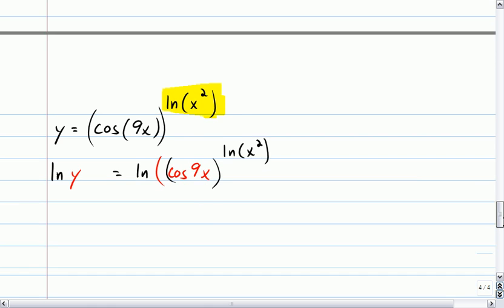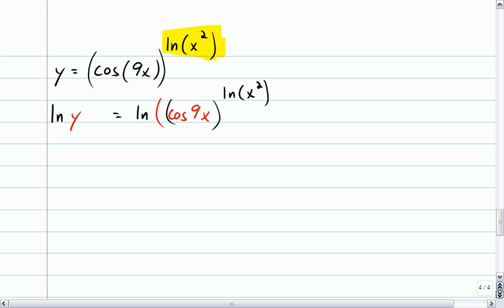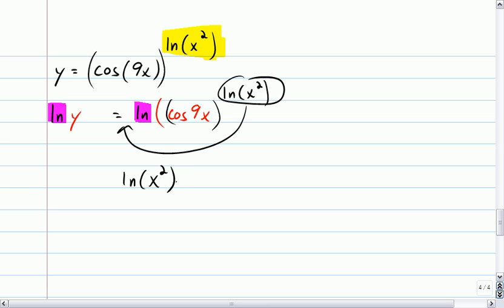But I think we can do it. Just let's keep track of what we're doing. This first step, I've just said, let's take the natural log of both sides. Now, I'm going to move this function out front. So the natural log of x squared times the natural log of the cosine of 9x, and that's equal to the natural log of y.